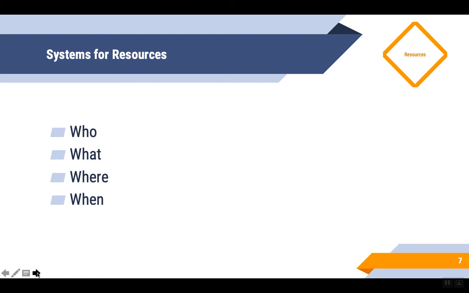So your group is going to download the multi-level resources organizer. A link to this document is in the description box below. As a group, you're going to go through each one of the categories and brainstorm what can go where. Think about who could be a guest speaker, who could be a guest teacher in the classroom, who could help with collaborative groupings, who could you collaboratively plan with.